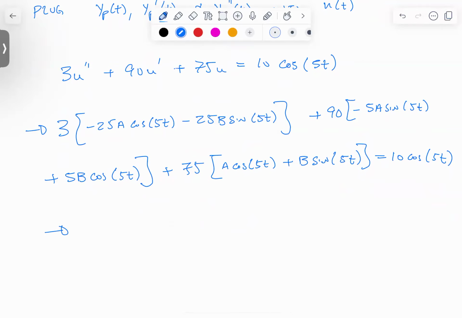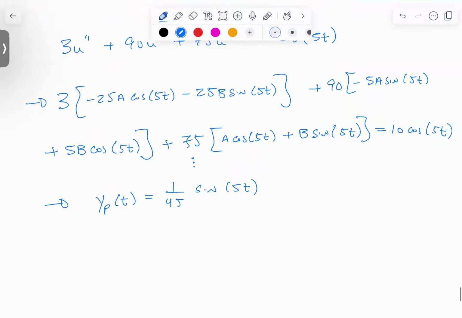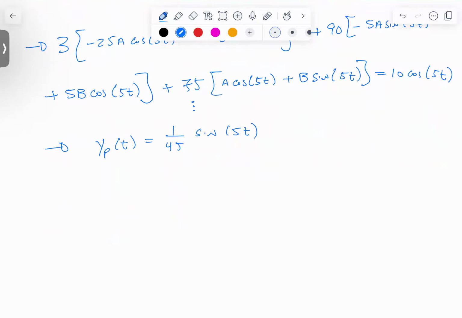All right, but at least to that stage, the particular solution actually becomes, once I solve for the coefficient, I end up with 1/45 the rest of the details, sine 5t. We saw several methods. We did this by hand several times. I was just re-emphasizing it.